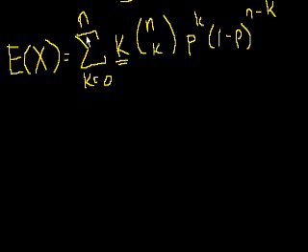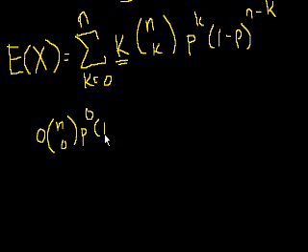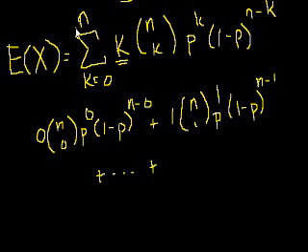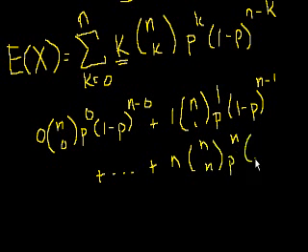This sum could be written as 0 times n choose 0, times p to the 0, times 1 minus p to the n minus 0, plus 1 times n choose 1, times p to the 1, times 1 minus p to the n minus 1. And then you keep adding all the way until you get to k equal to n. So it'd be n times n choose n, times p to the n, times 1 minus p to the n minus n.